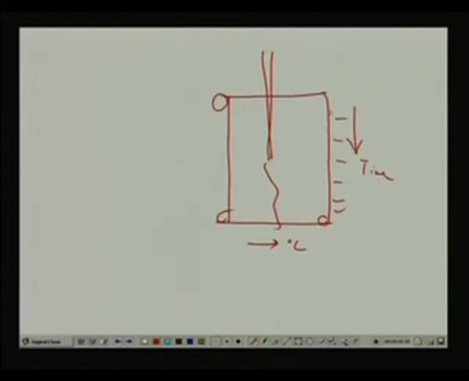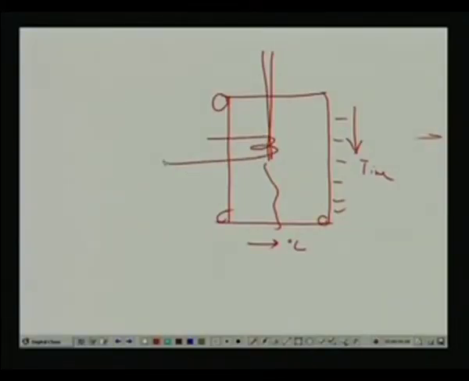If this paper is blackened, or some other color, and coated with wax, then if the stylus is heated, it will give an impression, because the wax will melt and give you the impressions from which I can record the temperatures.